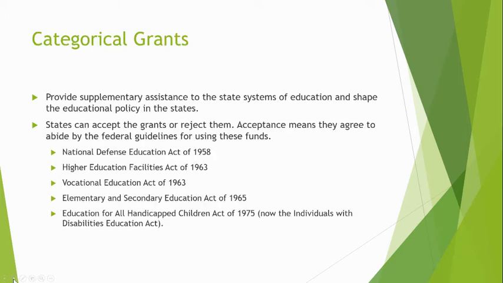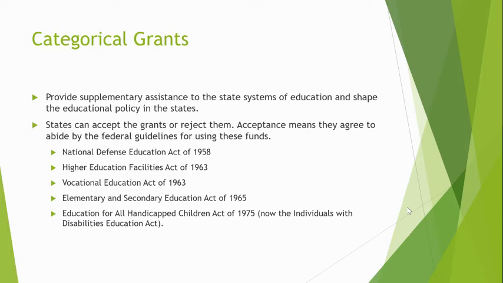Okay. We have categorical grants, providing supplementary assistance to the state systems and shaping the educational policies. States can choose to accept the grants or reject them. If they accept them, it means that they agree to abide by the federal guidelines.